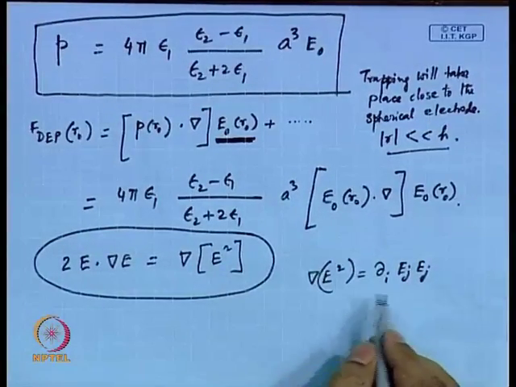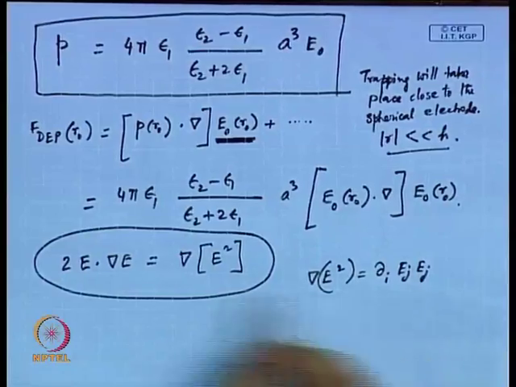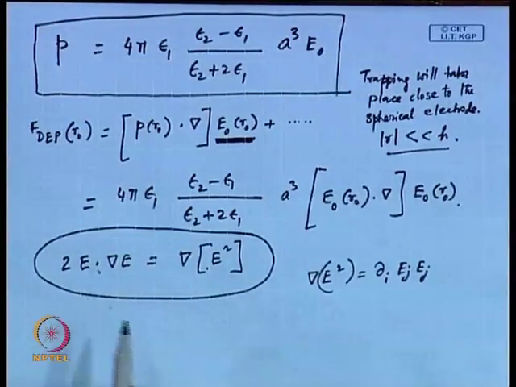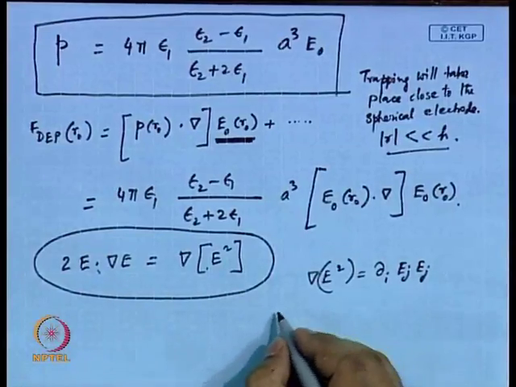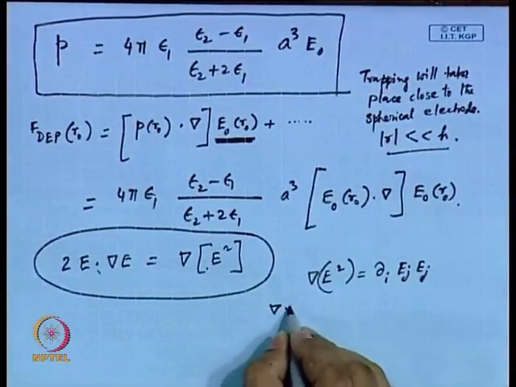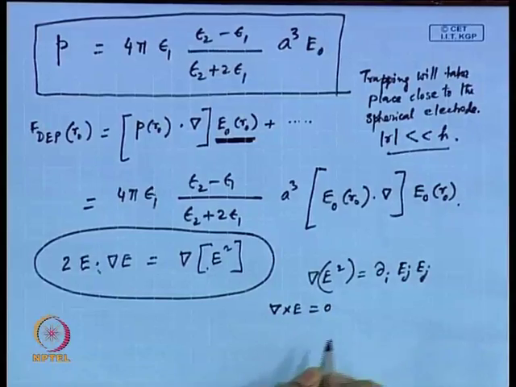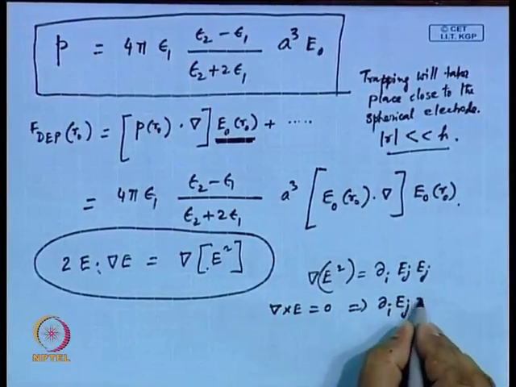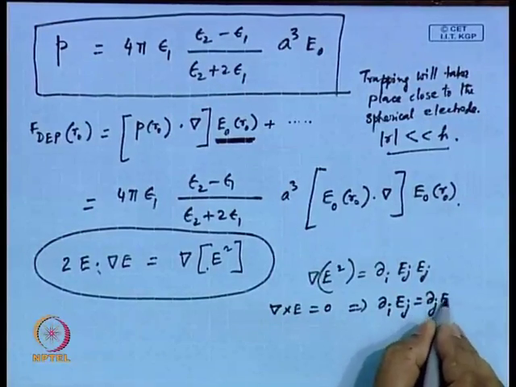On the other hand, you can equate the left hand side to this only if you have del cross E is equal to 0. What this means is del i E j is equal to del j E i.